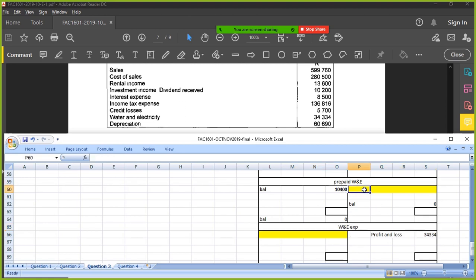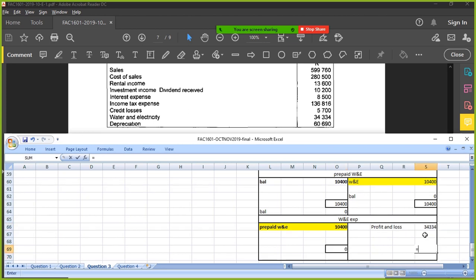So you could have closed this off to water, electricity. And then obviously that figure, 10,400, prepaid water and electricity. Now I need to look at bank.